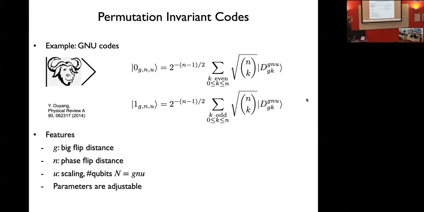And then the total number of qubits, capital N, is the product g times n times u. So these parameters are adjustable depending upon what's relevant for the noise model of your system. So if you have a biased noise model where Z errors are more likely, then for a fixed number of qubits, you could increase little n and decrease little g.